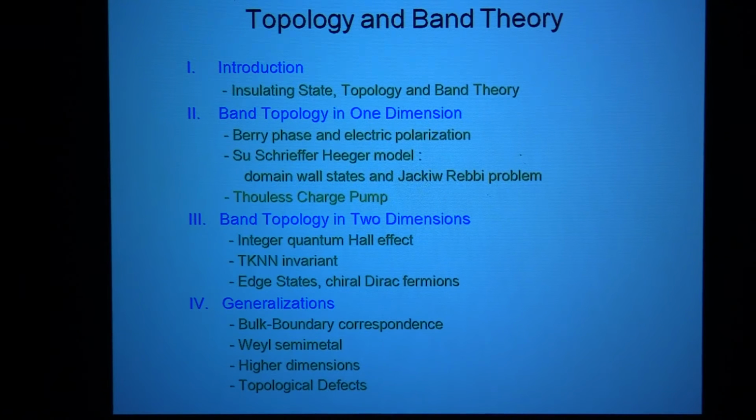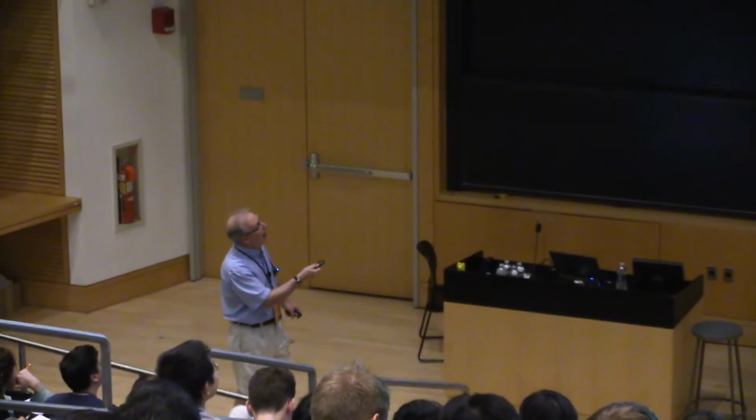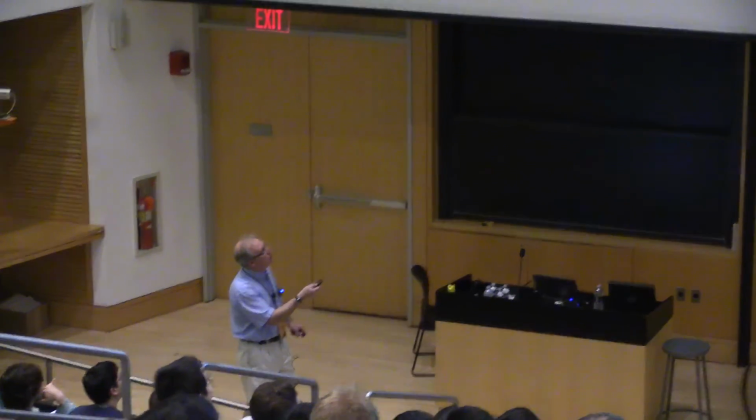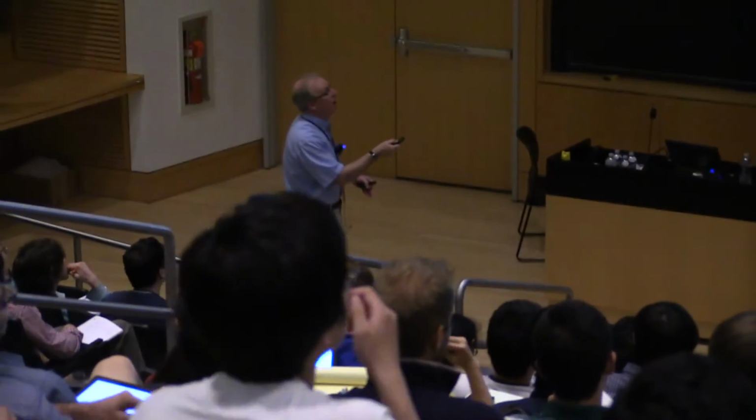Okay, so this morning what we're going to do is start off talking about the insulating state and how topology can enter it. Then I'm going to work through some very basic examples, the band topology in one dimension, introducing the Su-Schrieffer-Heeger model, which has a lot of the key ideas built into it in the simplest context.